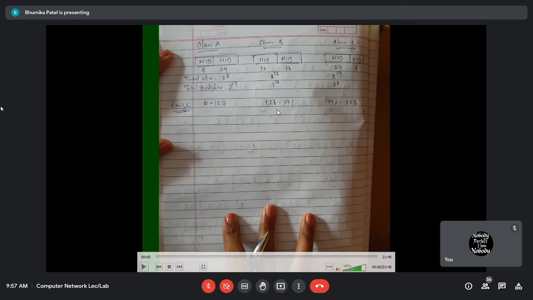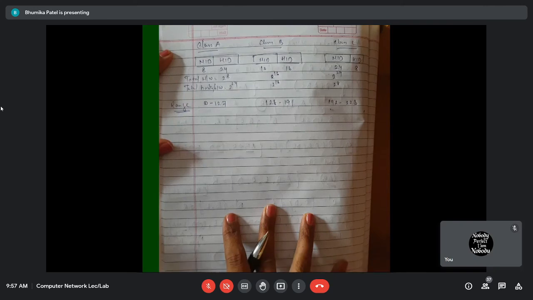If it starts between 128 and 191, then it is Class B, and if it is 192 to 223, then it is Class C. For Class D, if it is 224 to 239, then Class D, and for Class E it is 240 to 255.